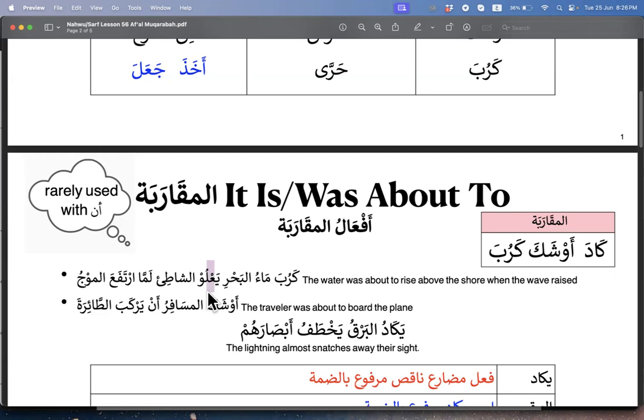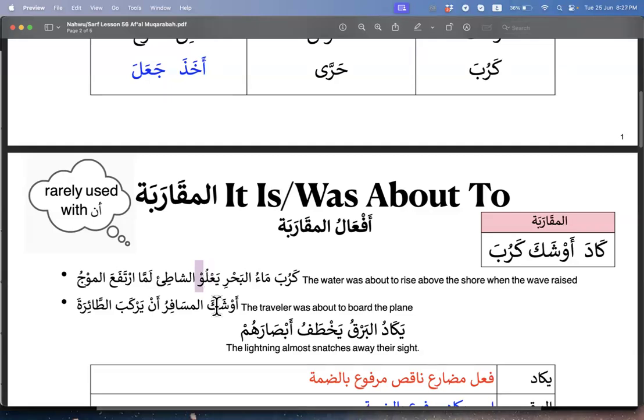The huwa in ya'lu is going back to something before, which is ma, yes, exactly. So the question is, what is this fi'il doing here?